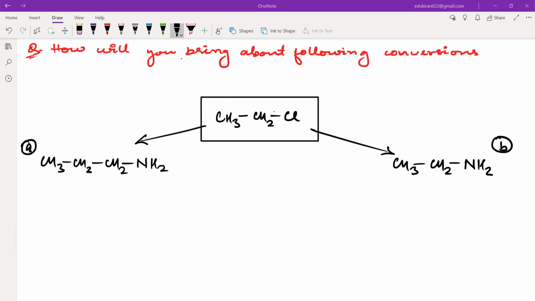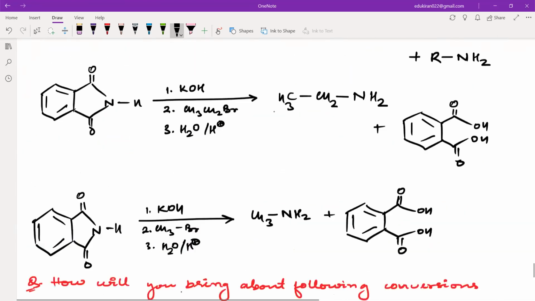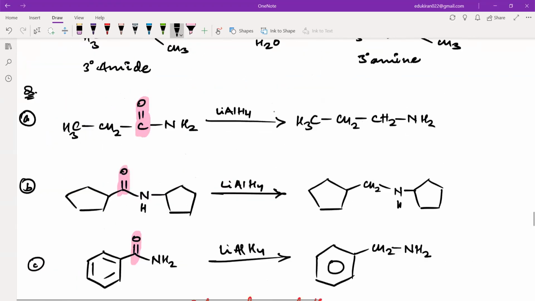So for the preparation of A, what we will do, first of all, CH3CH2Cl. We will react this with KCN. Right? So you will introduce one more carbon atom, CH3CH2CN. Now you tell me you have nitrile, and how can I produce amine from nitrile? Is there any way of preparation of amines from nitrile? Yes, sir, we did today.